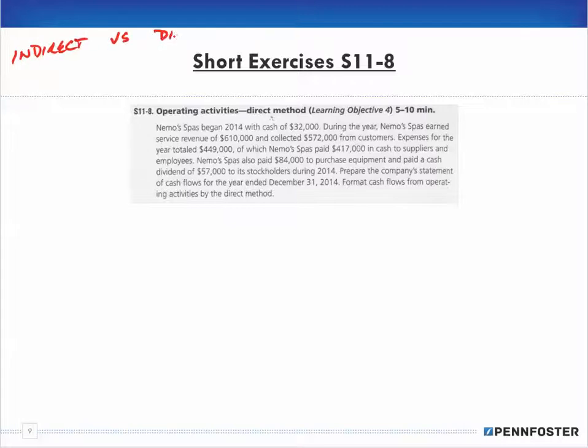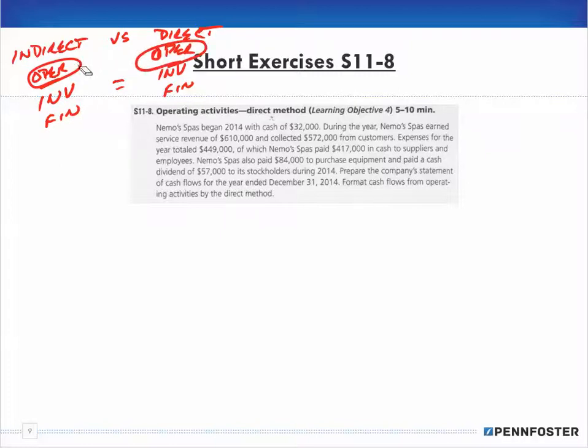Remember, for the indirect method versus the direct method, the investing and the financing activities for both are pretty much the same. But the difference between the indirect and direct method comes in the way the operating activities are presented, and the way you look at those.